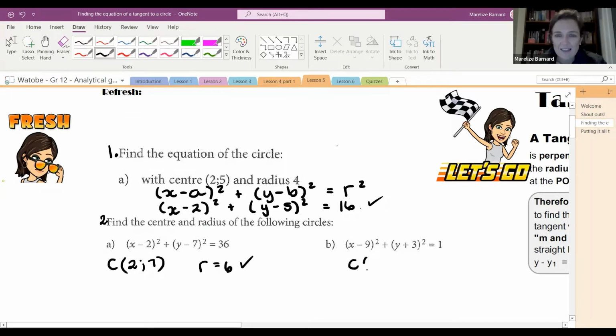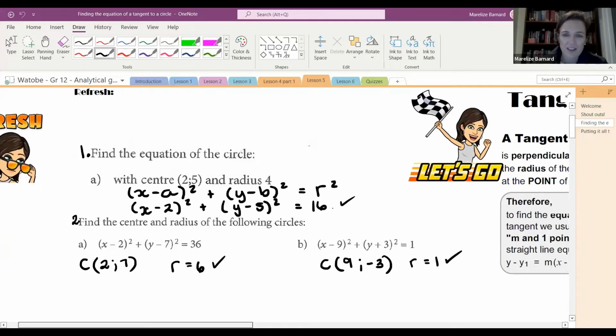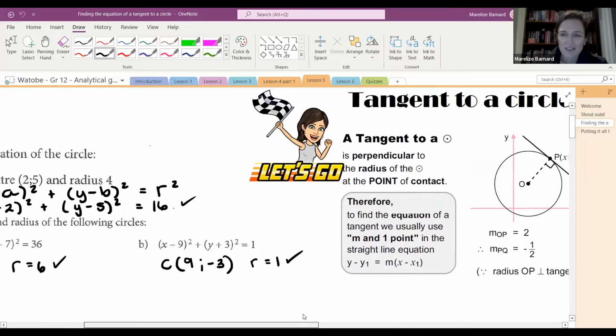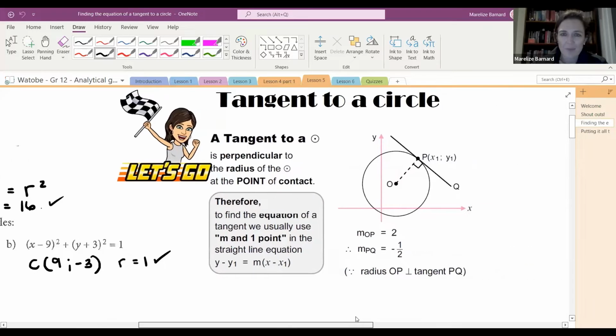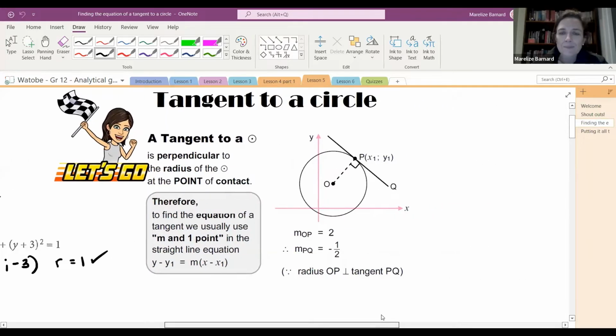And then the center for this one is going to be 9 and minus 3, and radius is 1. Square root of 1 will always just be 1. So another fat tick if you got that one right. Okay, well done. That was just to get us going and to make us think again about our circles.